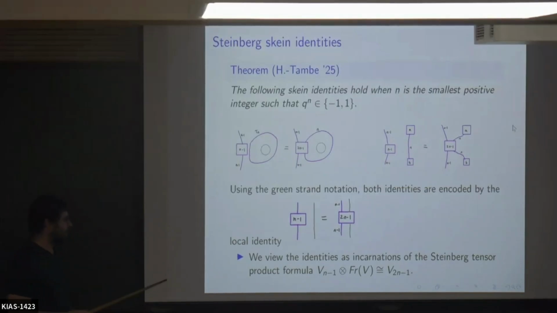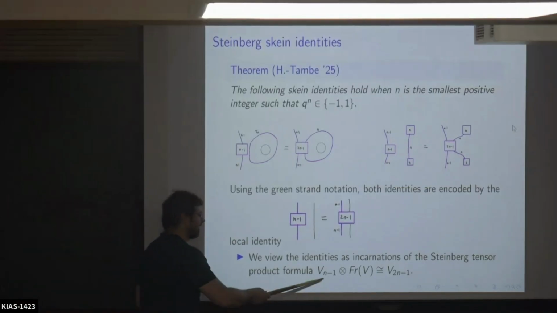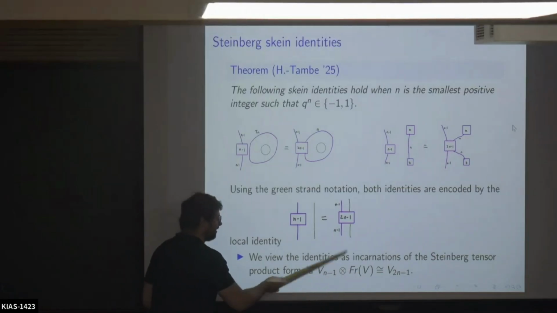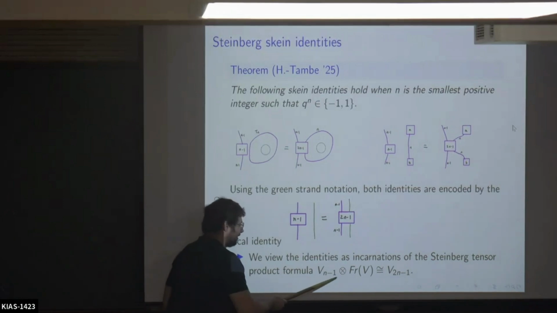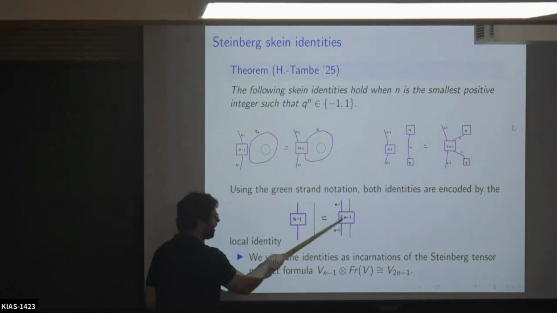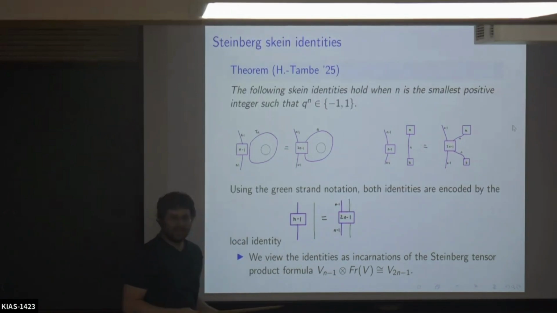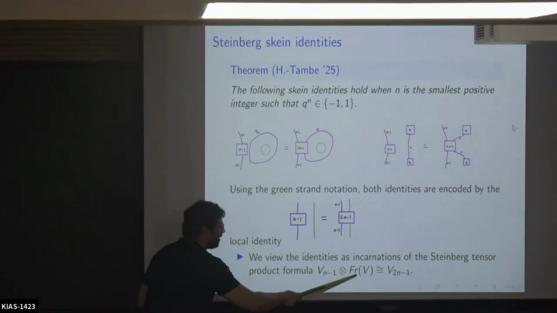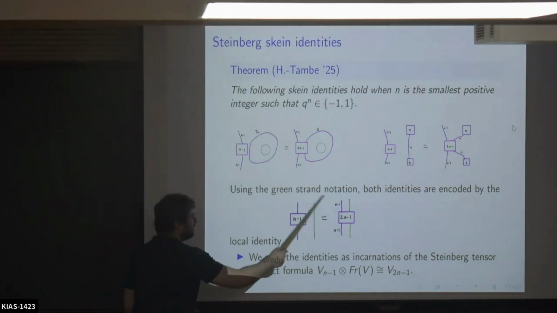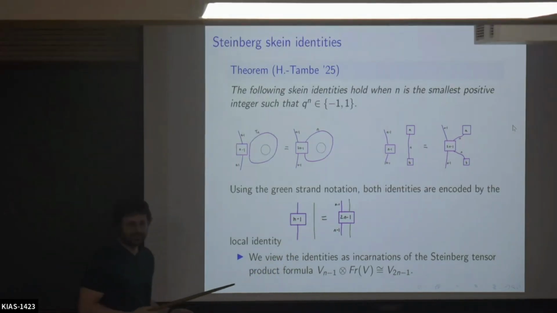But we don't have the technology to relate them. We've proven this identity in the Skein module theory, and in the quantum groups literature this is an identity, but we don't know how to use one to prove the other. They sort of live in different universes: the quantum groups side involves all possible representations, and this one only involves things built out of the standard representation.